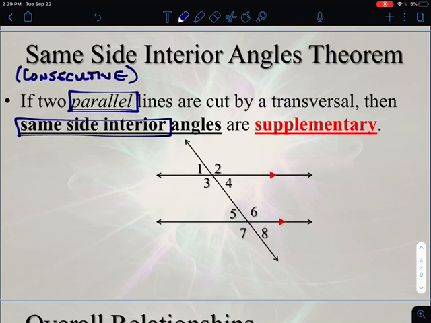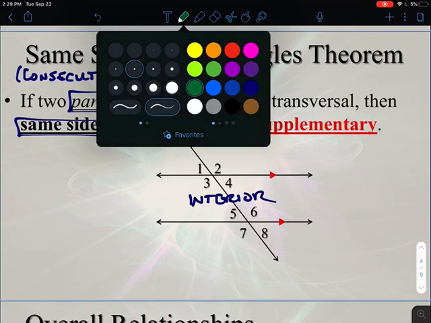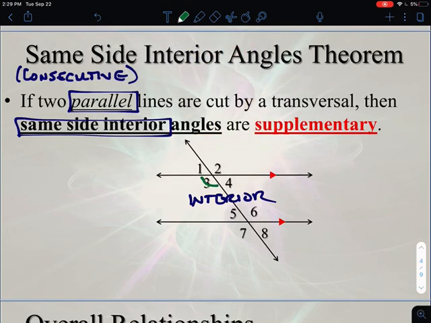If we want same side interior angles, again, we're going to be going to the interior of our two lines. So if we're looking at the interior, now we want to be on the same exact side. So if I'm looking at angle 3 on the inside, it's going to match up with angle 5 this time, also on the inside, but now we're on the same side of the transversal.